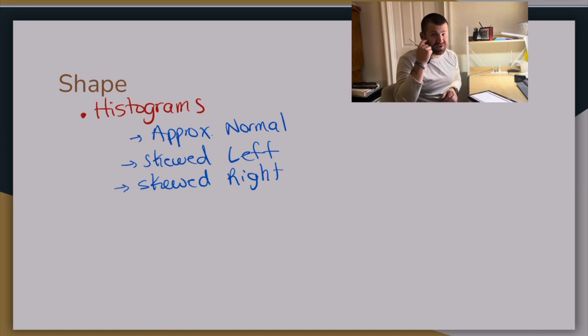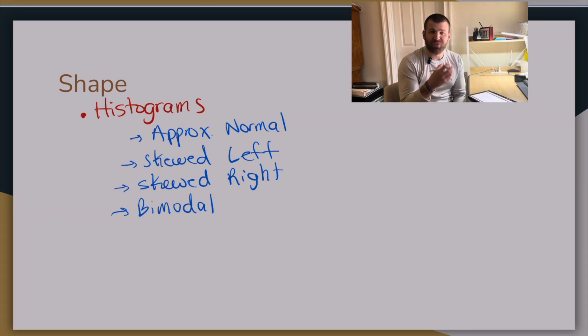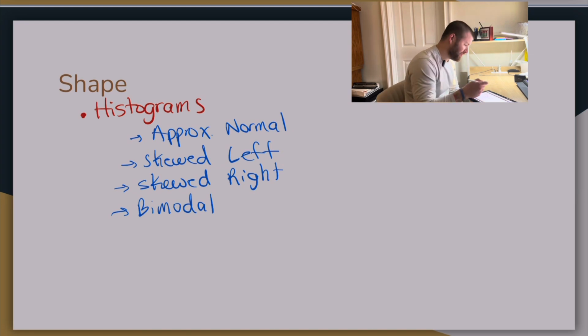Now remember, for these, skew follows the tail. So skewed left means you have low outliers. Skewed right means you have high outliers. And then the last one that you may see on the exam is bimodal, which just means that you have two peaks instead of one peak. All right, so think about like a cosine curve or a sine curve. You have two high points.